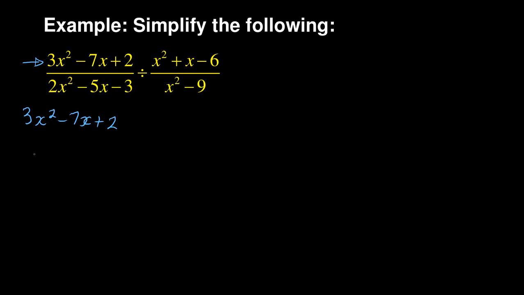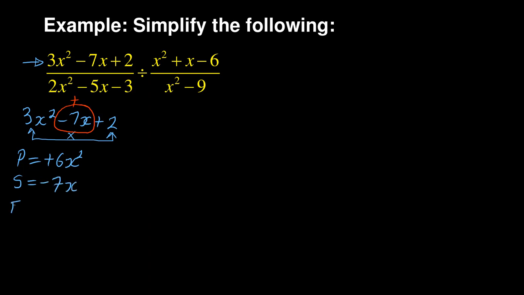But basically what I'm doing is I'm multiplying that and that, which is 3x squared times 2. So my product, I call it my P. So my product is equal to 3 times 2. It is positive 6x squared, and then my sum is this particular number remaining. Sum means the middle term, so my sum in this case is equal to minus 7x.